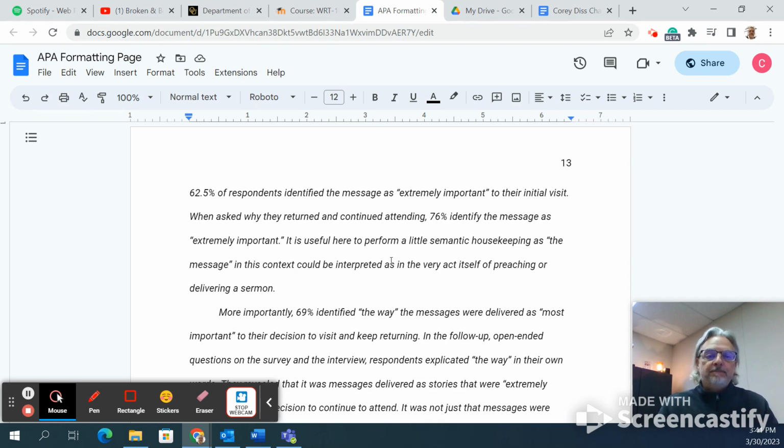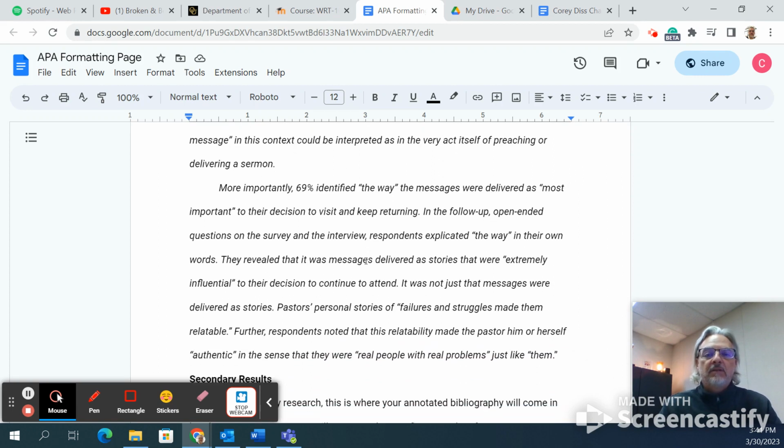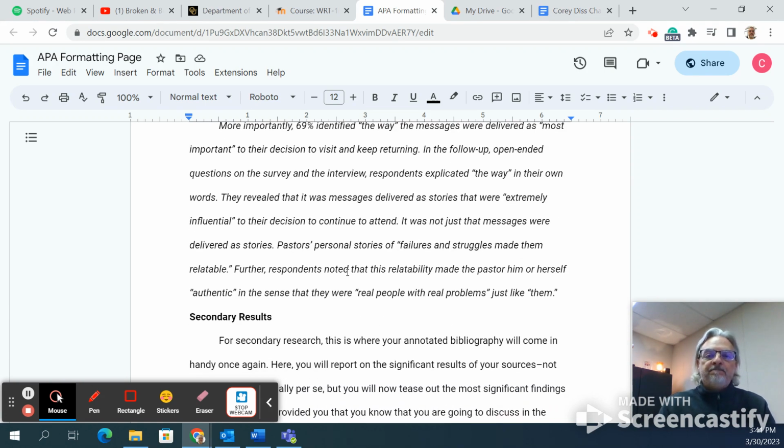And so I clarified that. If you need to clarify a term, perhaps, it's because those results then lead to the discussion. So when I go into the discussion phase next and talk about the message, it was important to do a little bit of housekeeping, if you will. Then I explicate and tease out a little bit when they revealed that it was extremely influential.